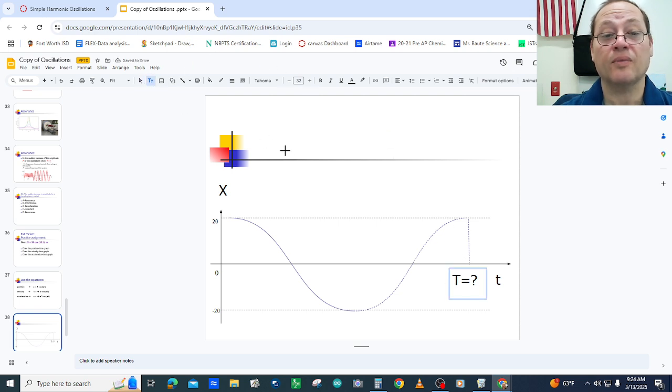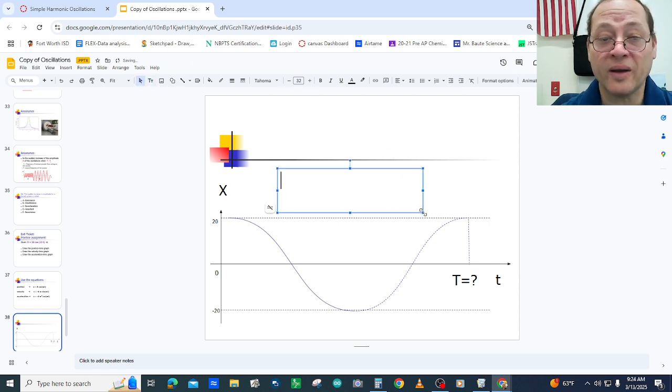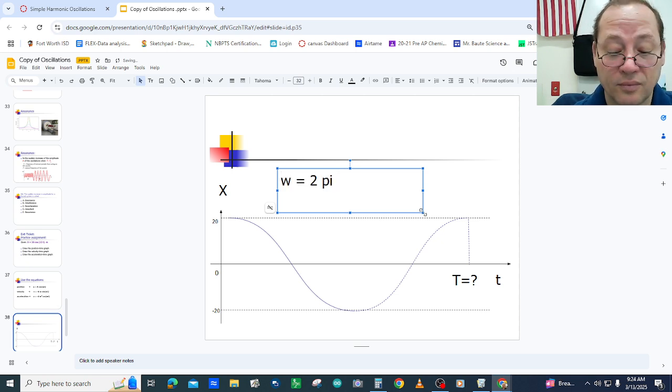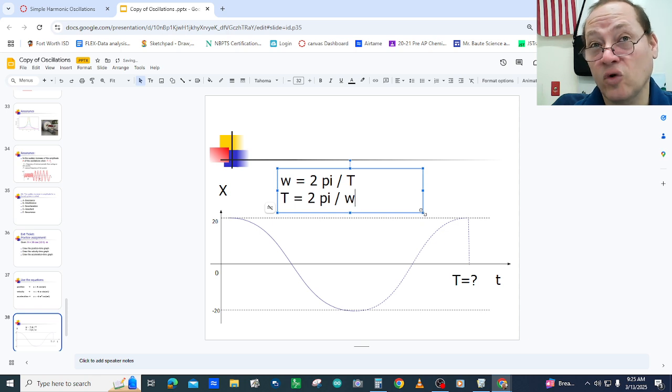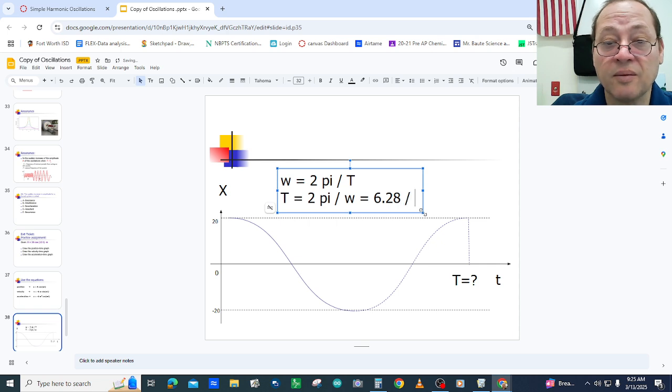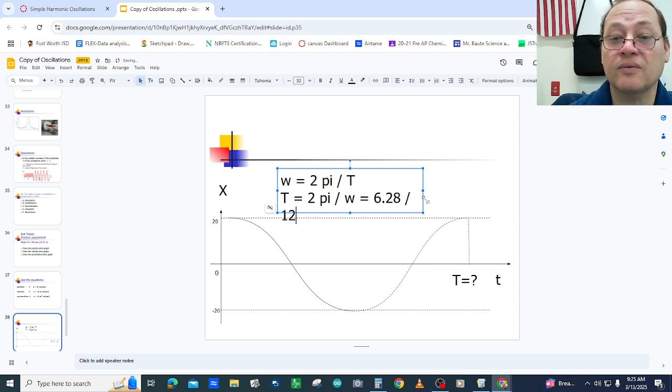To calculate it, omega is 2 pi divided by the period. So the period is also 2 pi divided by omega, and omega is 12. So that means this is 6.28 divided by 12.